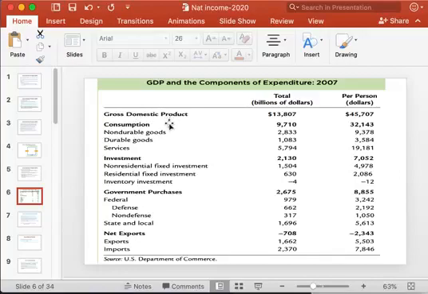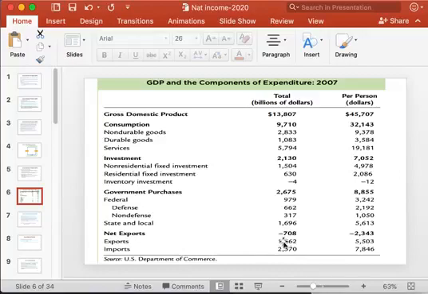So GDP is calculated by the total of consumption plus investment plus government purchases plus net export, and the net export is given by export minus import.